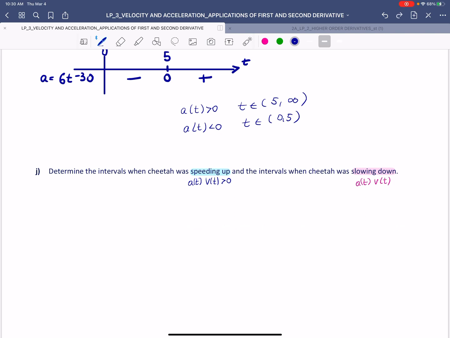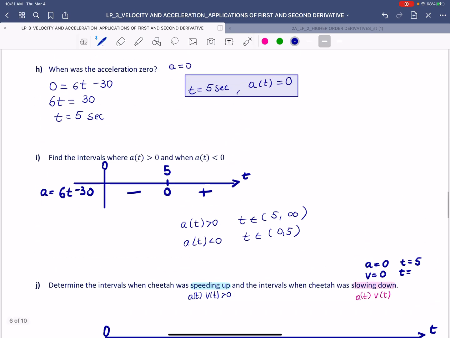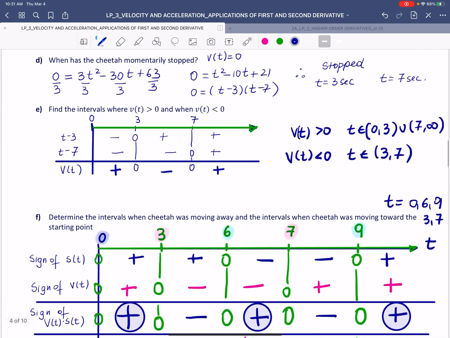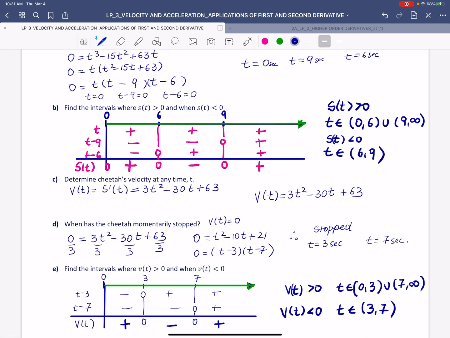A long line that represents the values of t. And here goes time of 0 seconds to infinity. Now, we know that a is 0 at 5. And we know that v is 0 at the times, and we're going to borrow the information from the first part of this problem.